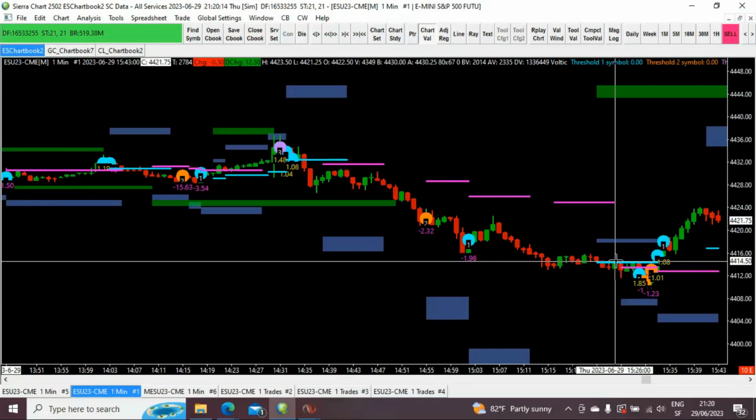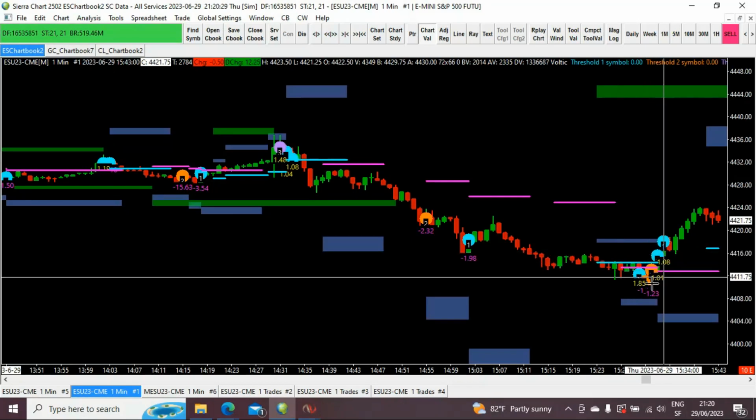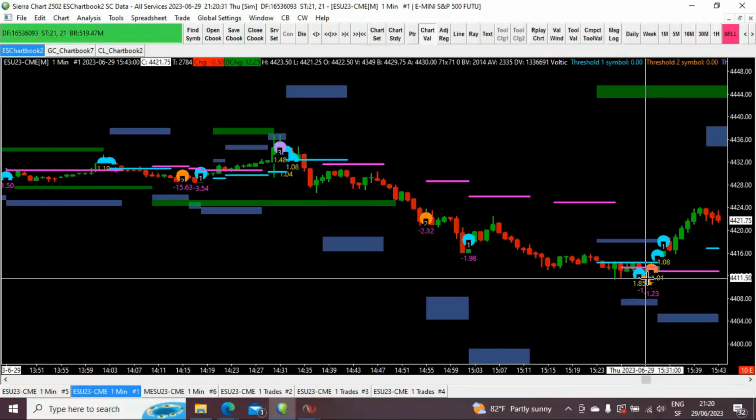I know that quite a few traders use Voltic as a signal in their trading to get into a trade, because obviously there's a high level of trading activity. There have to be both buyers and sellers in there to make it happen.